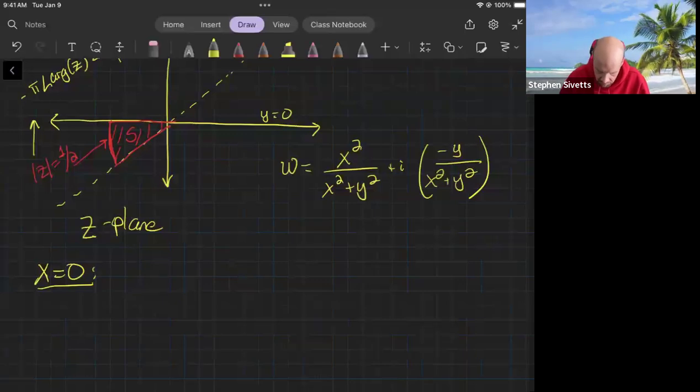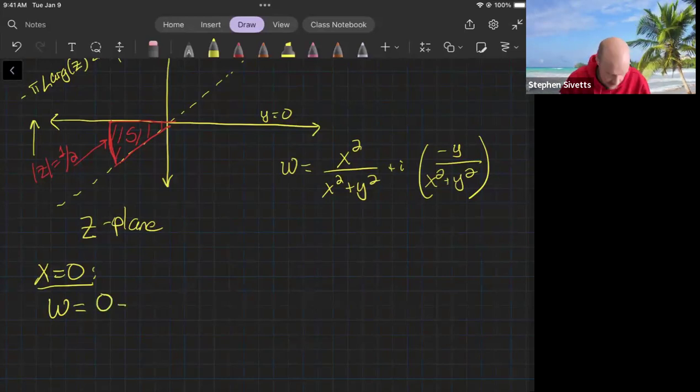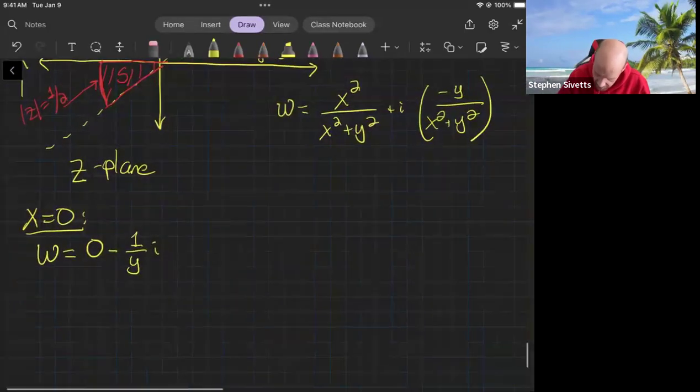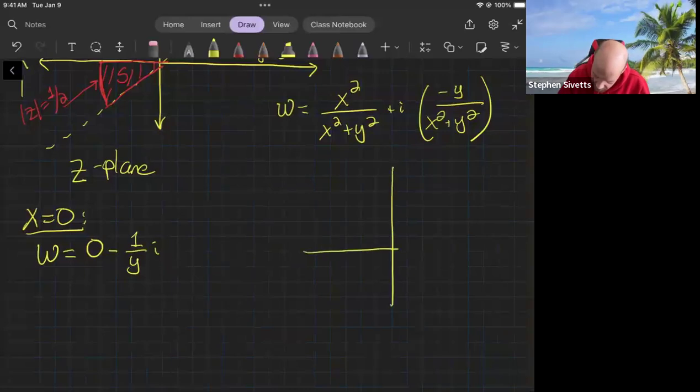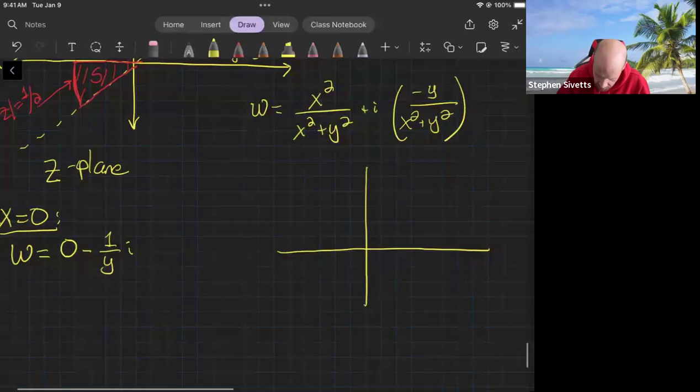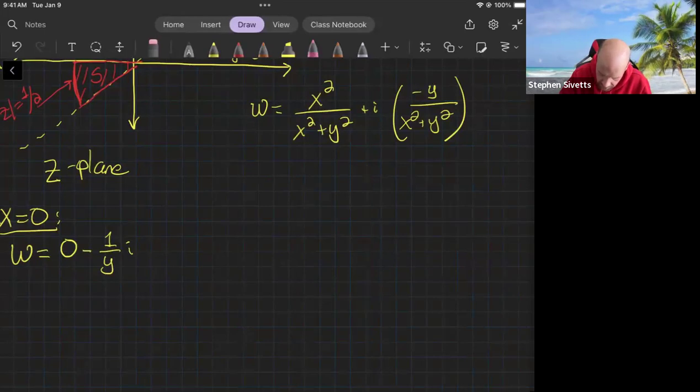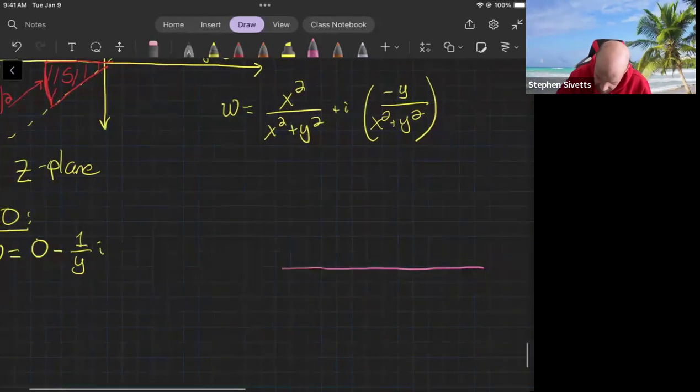So if x is 0, what we will have for points in W is 0 minus 1 over y times i, right? So therefore, in the W plane, this will correspond to points on the real axis in the W plane, right? So I'll label the real axis, so u equals 0.